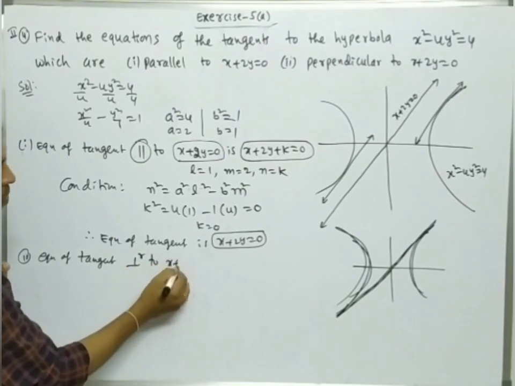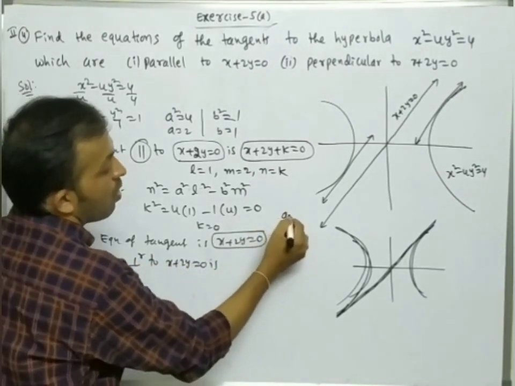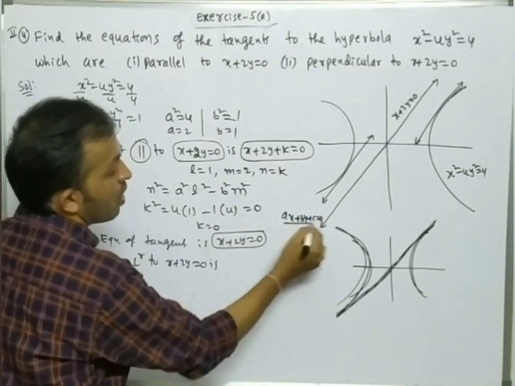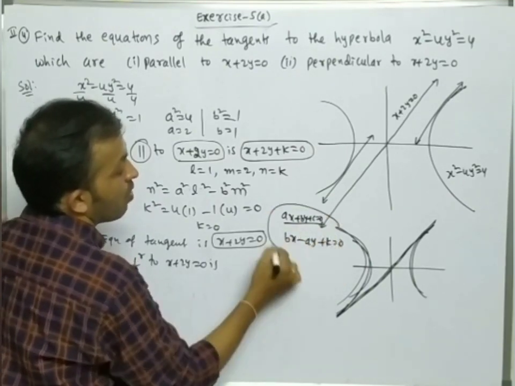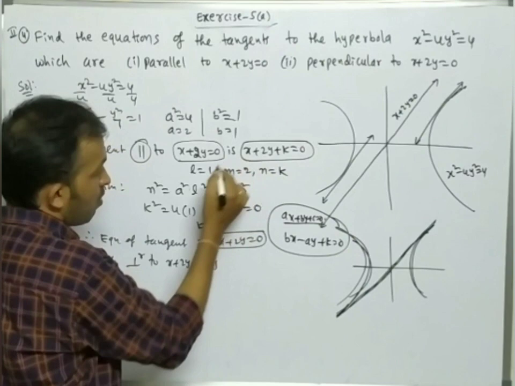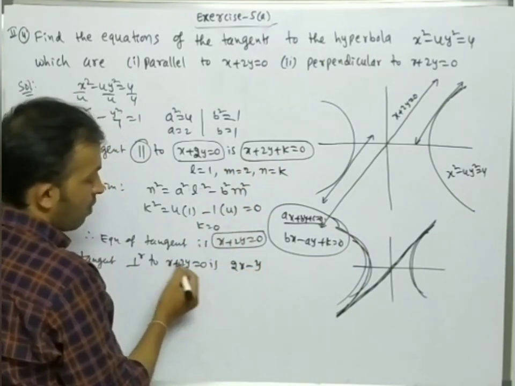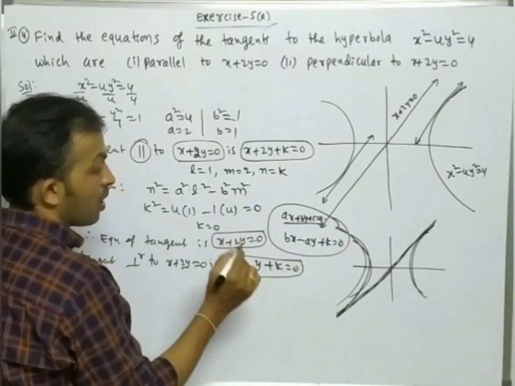Next, second one, equation of tangent perpendicular to x plus 2y is equal to 0. I gave one formula: ax plus by plus c is equal to 0. The perpendicular equation to this one is bx minus ay plus k is equal to 0. So here, 2x minus 1y plus k is equal to 0. So this is the equation.